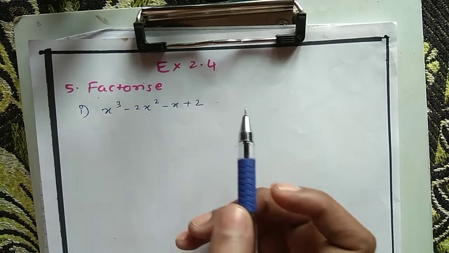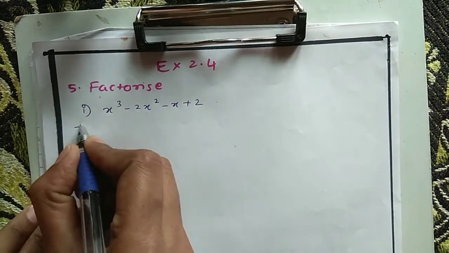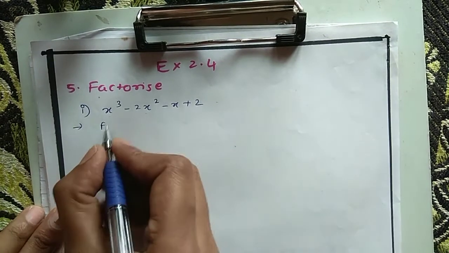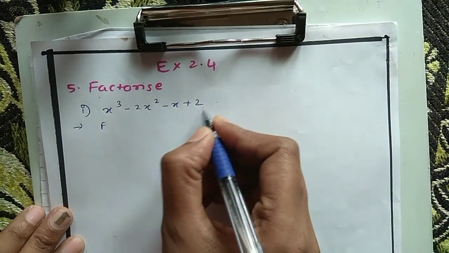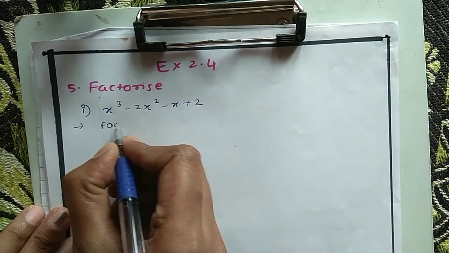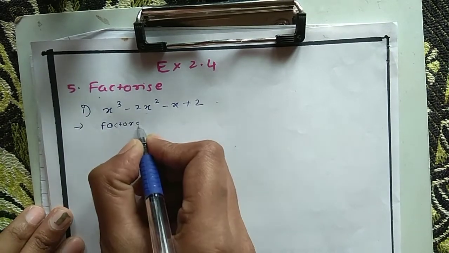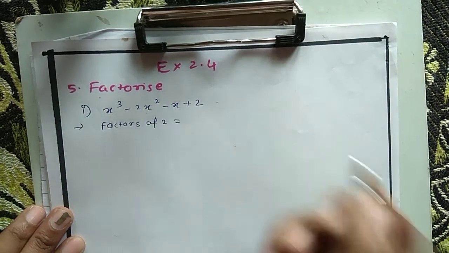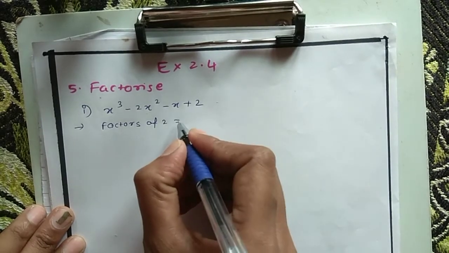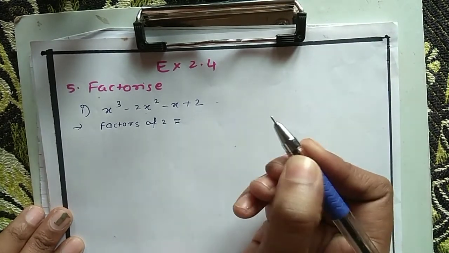But how much are you going to try? Instead, very smartly, just see the constant term and first find the possible factors of the constant term. You have to take both plus and minus.